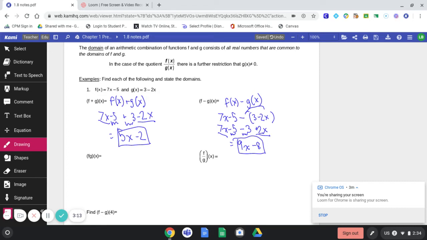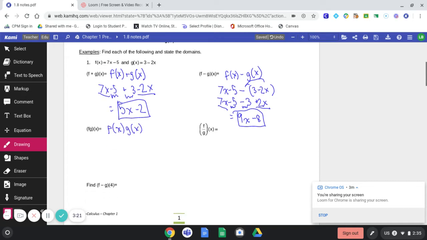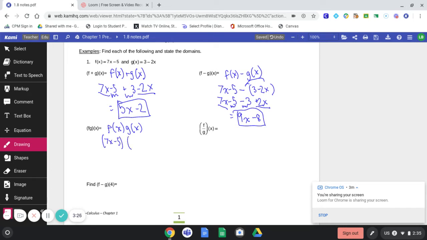Next, we have fg of x. So this is multiplying my f of x times my g of x. So I'm going to take my f of x function of 7x minus 5 and multiply it to my g of x function, which is 3 minus 2x. So when you FOIL this out or distribute your 7x, we get 21x minus 14x squared.